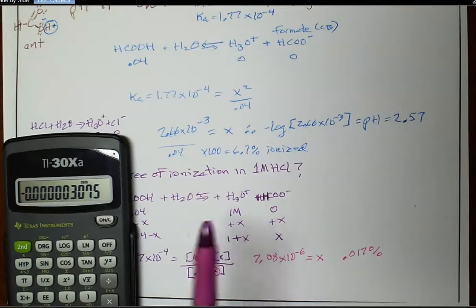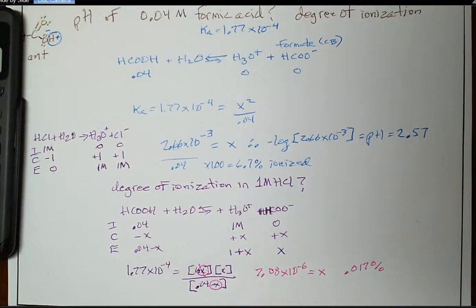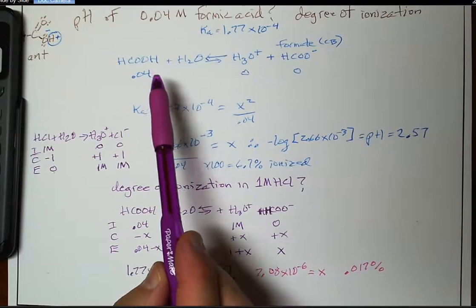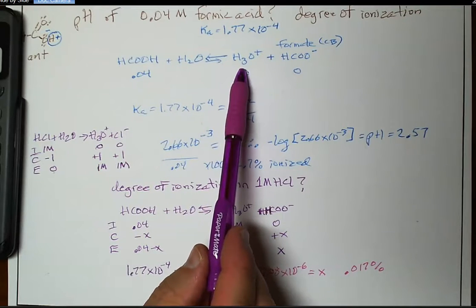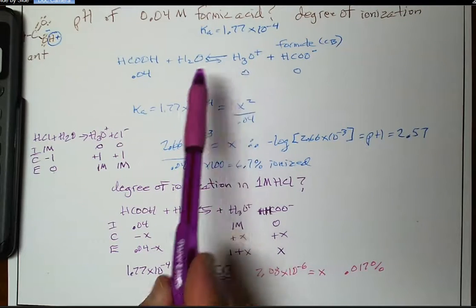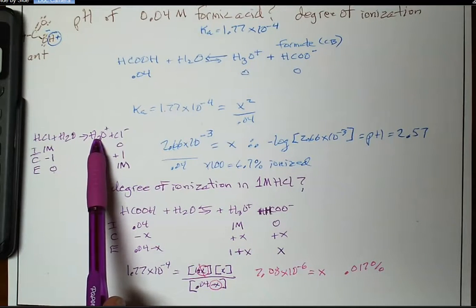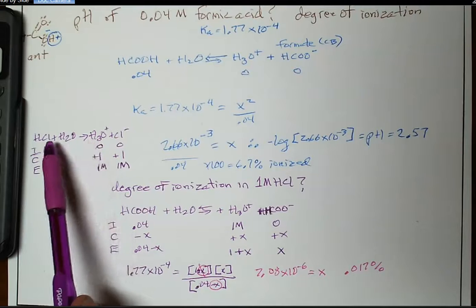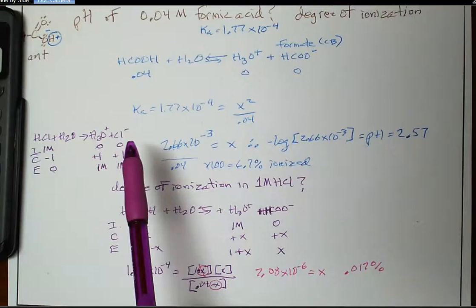So, this is something called the common ion effect. What that means is the ionization of formic acid produces the hydronium ion. When mixed with hydrochloric acid, which also produces hydronium ions, hydronium is what these two acids have in common.